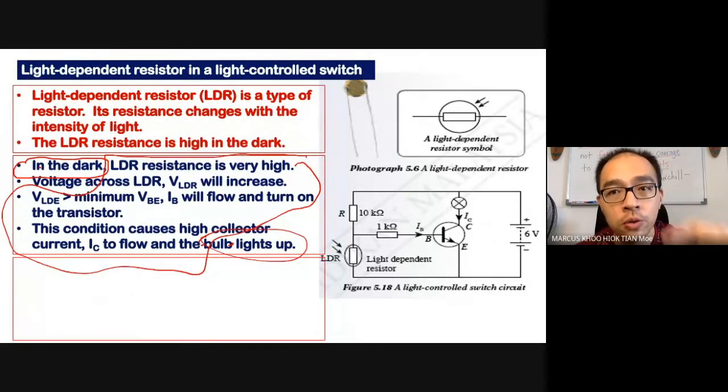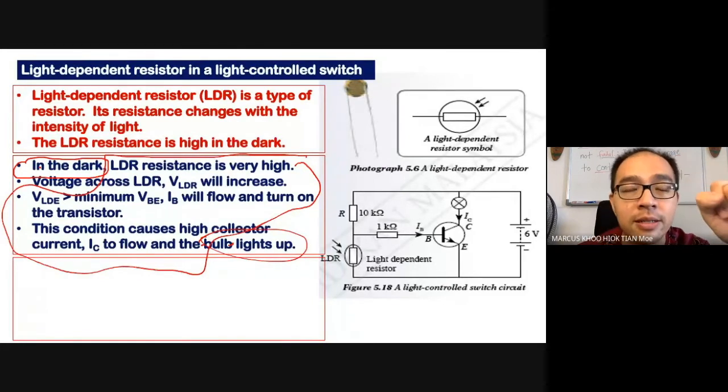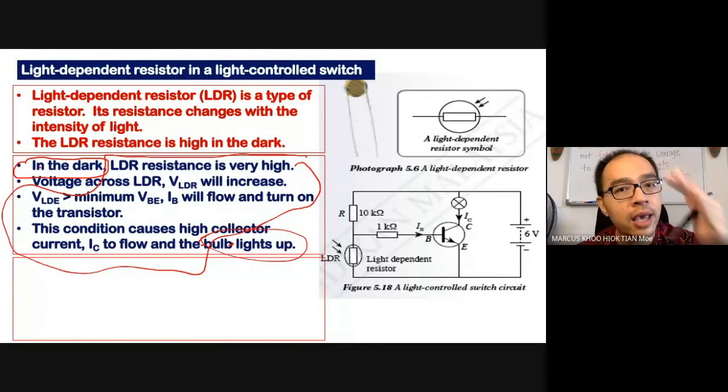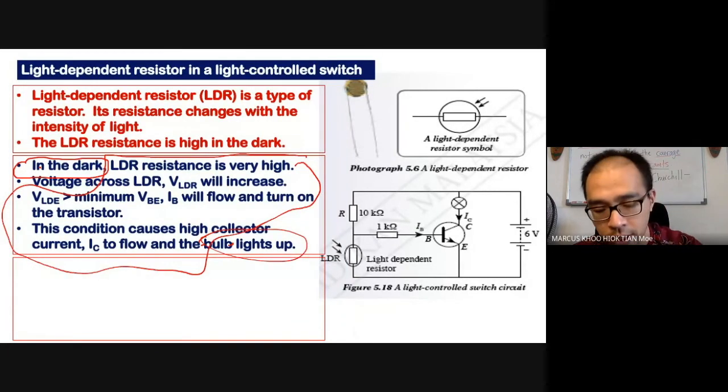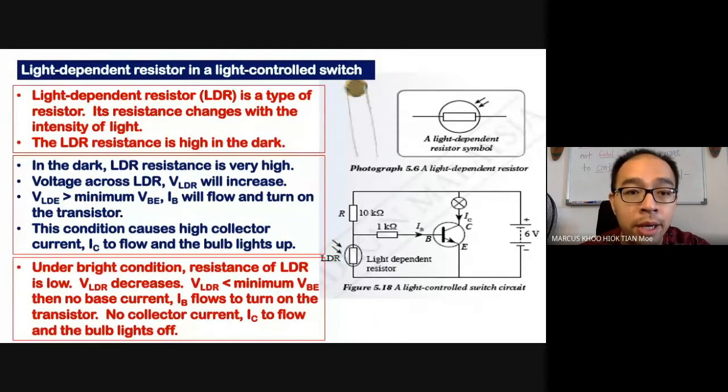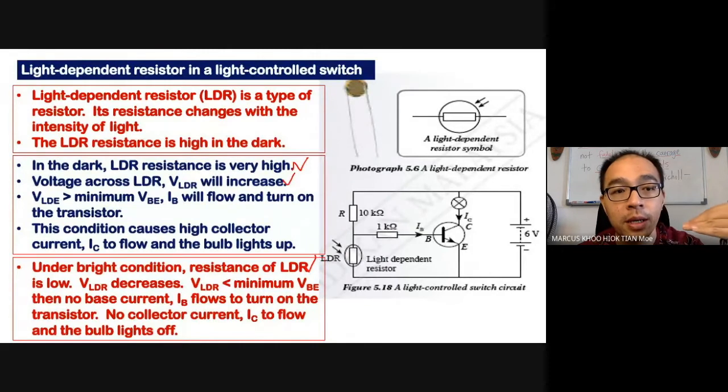All you need to do is just change the resistance. You change the resistance, everything else will follow. Okay, one way or the other. Okay, in the other way, it will be under bright condition. Take a look at this statement and this statement, all terbalik itu. Under bright condition, the resistance of the LDR decreases.